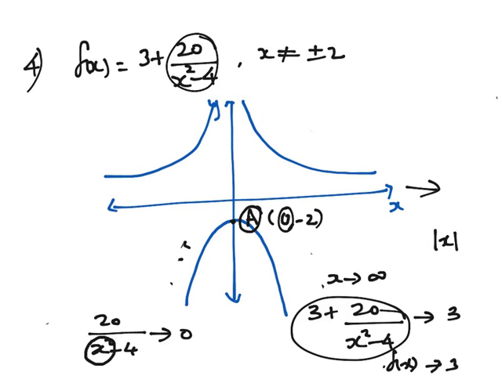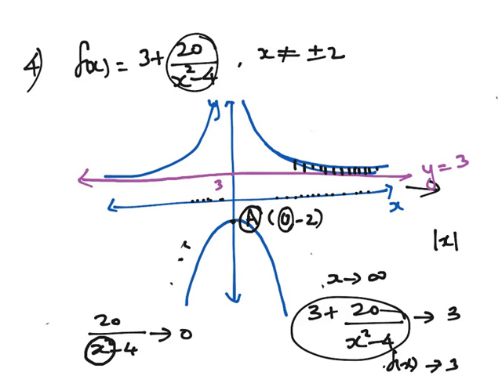So what it means is there is an asymptote at 3. This is y equal to 3. Let me just do the graph. So as x becomes bigger and bigger, f of x approaches 3.